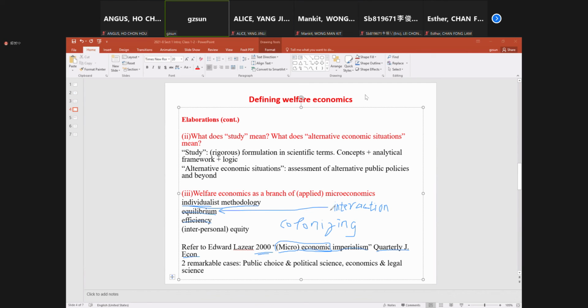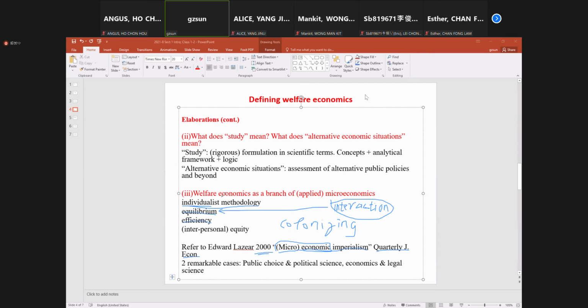Equilibrium means interaction. At the individual level, consumers maximize utility and then make a decision about how much or for what to buy. And the producers make a decision to maximize profit and decide on what and how much to sell.